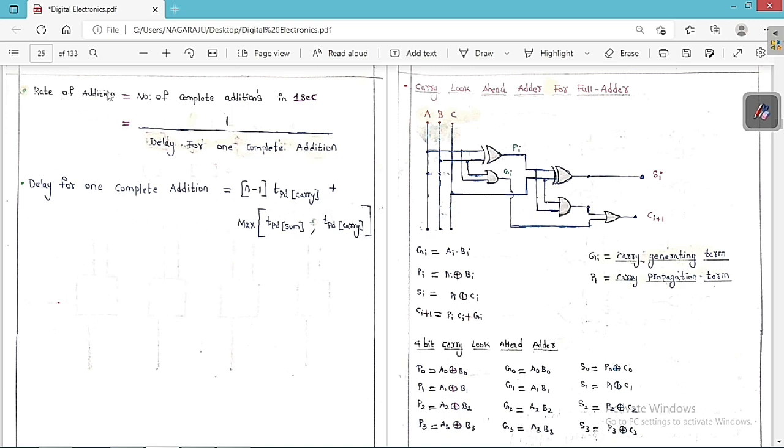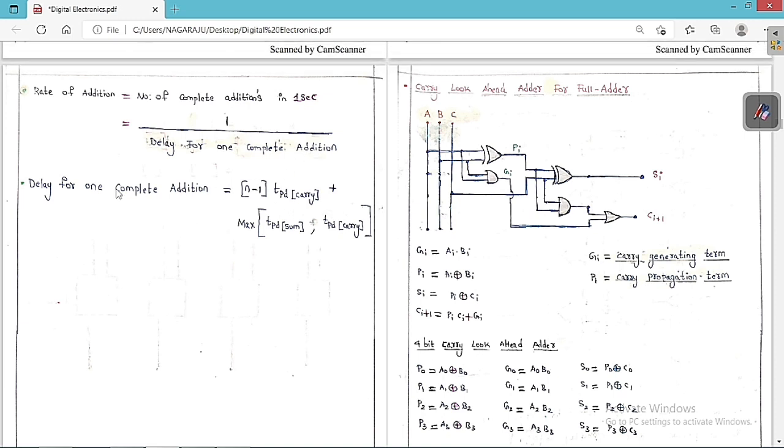The rate of addition means the number of complete additions which take place in 1 second, which is 1 by the delay for one complete addition. This much amount of time is taken in order to complete one addition.